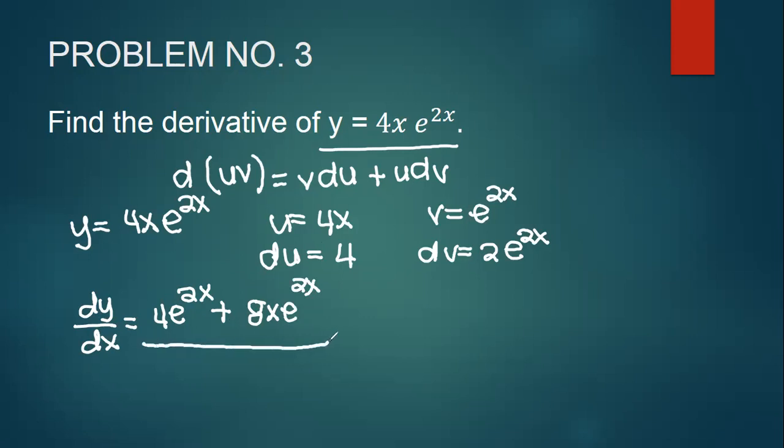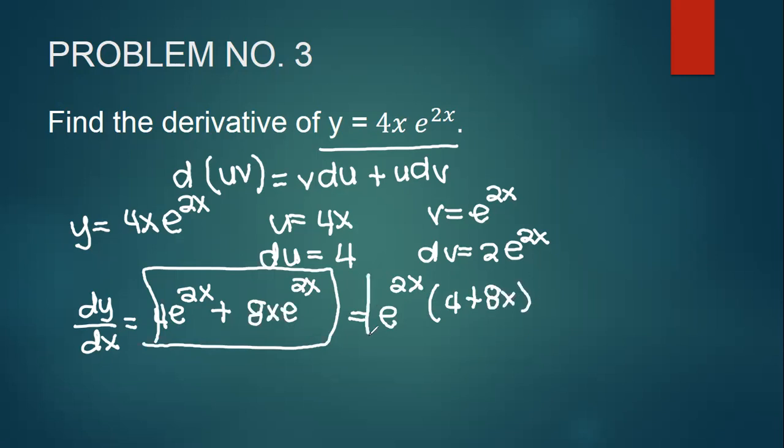So this is the answer for this particular item. Or if you want, you can simplify or factor out the common factor, which is e raised to 2x. That can also be the same: e raised to 2x multiplied by 4 plus 8x.